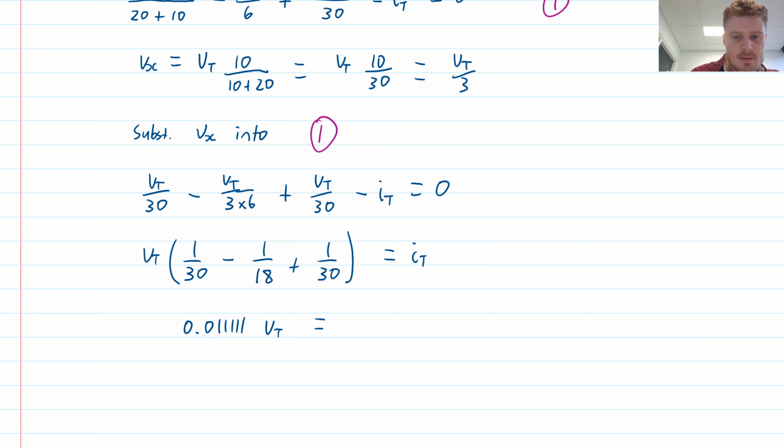Vt is equal to It. Bringing that to the other side, so just 1 divided by that number will give me 90. So it is just Vt is equal to 90 times It, my test current.